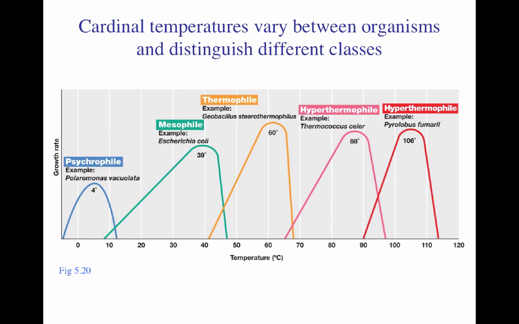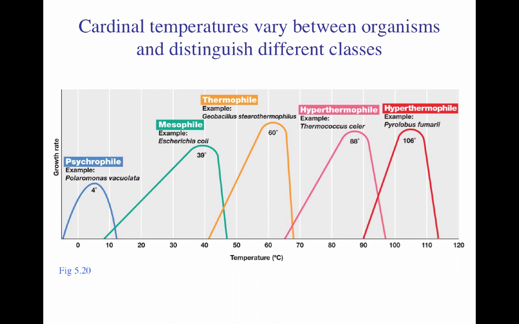Then we have mesophiles, an example being E. coli. Mesophiles are organisms that grow at an ideal temperature of 39 degrees, but as you can see, they can grow pretty well in the 20s and 30s degrees Celsius. But past 45 degrees, those organisms have trouble and do not grow anymore.